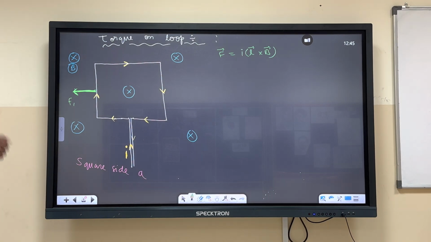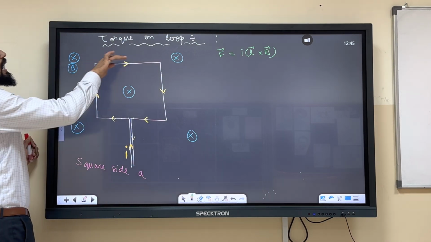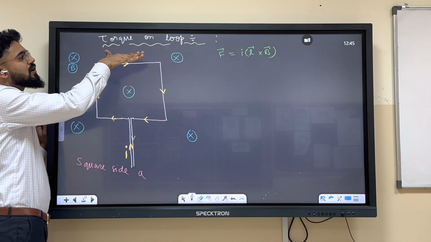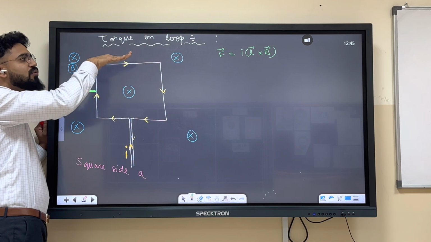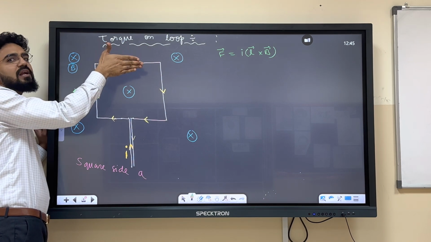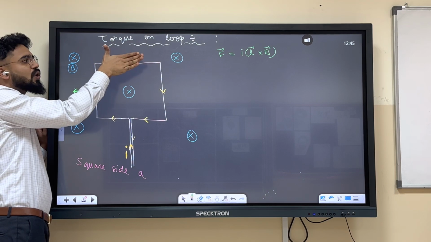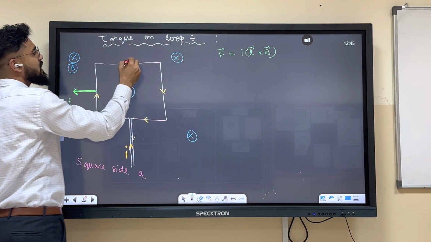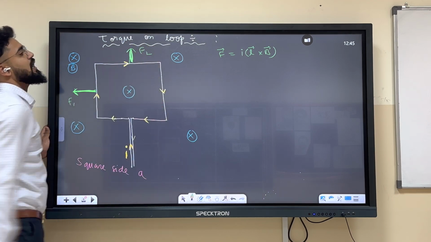Now over here, I is in this direction, and B is inside the plane. So you will move your hand like this so that you can do the curl of the fingers, I cross B. So the force over here is in this direction. Let's call it F2.